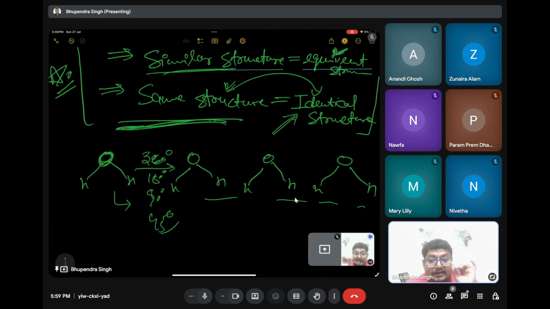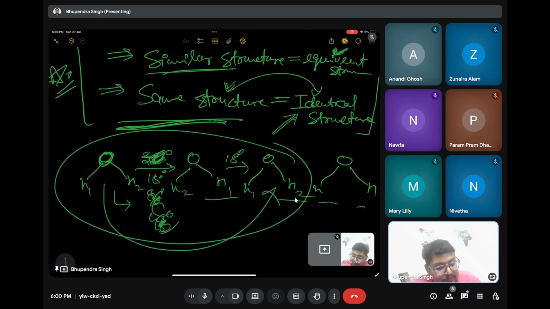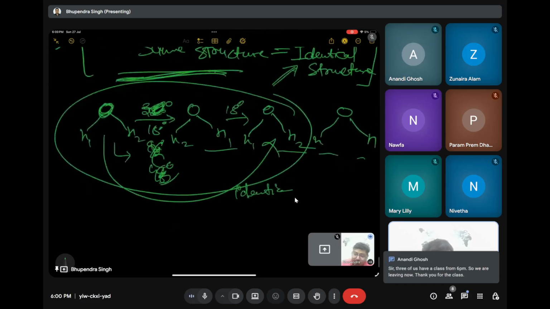Then you can correctly determine that, see, H1 H2, if you rotate by 180 degree, 2 1, again 180 degree, 1 2, okay, then you can say that from here to here it is an identical structure.